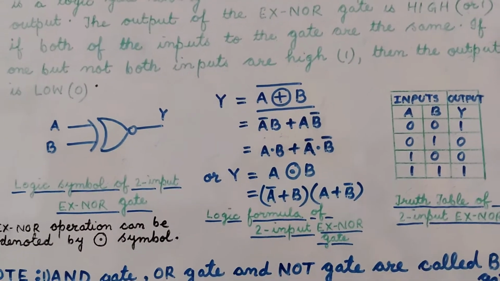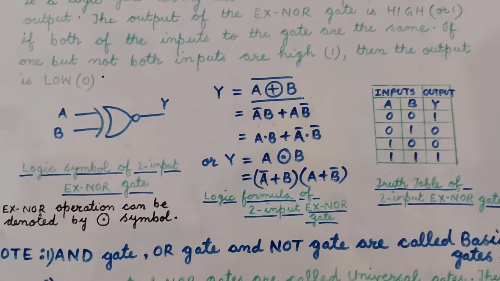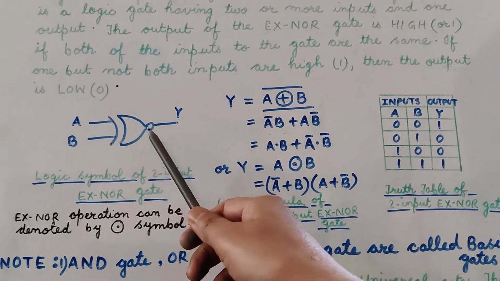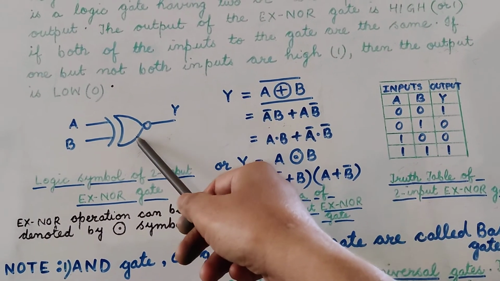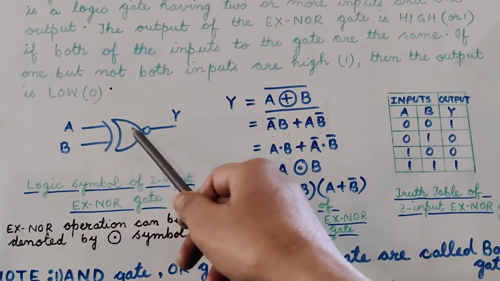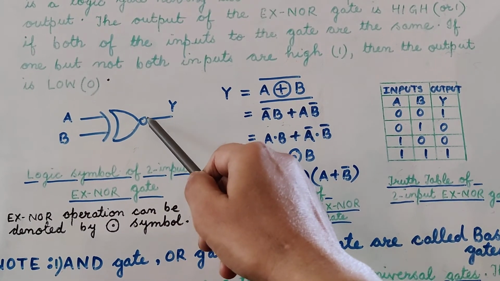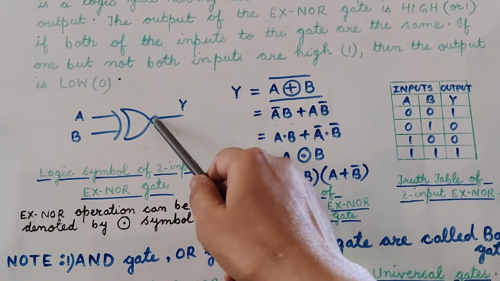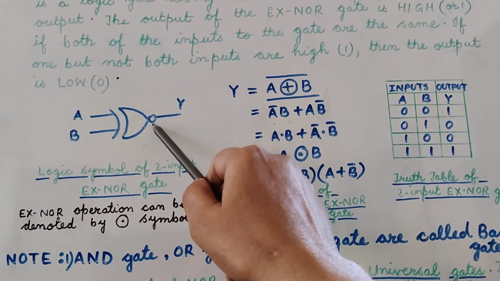The figure below shows the logic symbol of XNOR gate. This is the symbol of XNOR gate. This is just similar to the XOR gate, in which we have drawn a bubble at the output of the XOR gate.